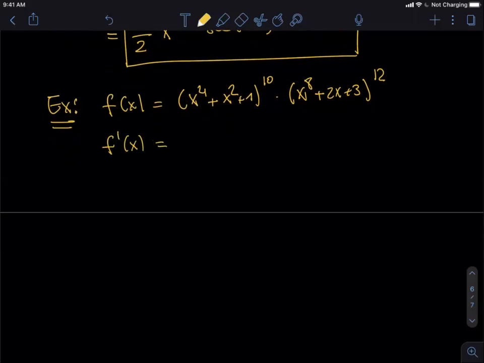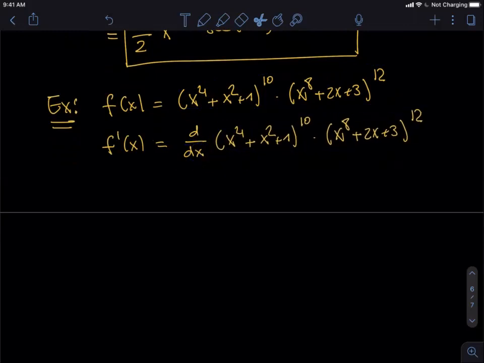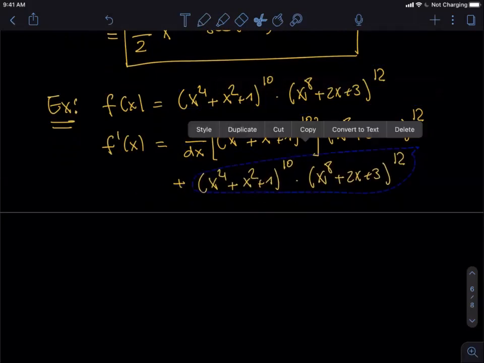right? Say, okay, this is the derivative. Let me copy paste. The derivative of the first times the second plus, and now is the first times the derivative of the second.